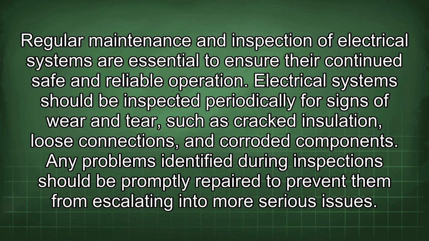Regular maintenance and inspection of electrical systems are essential to ensure their continued safe and reliable operation. Electrical systems should be inspected periodically for signs of wear and tear, such as cracked insulation, loose connections, and corroded components. Any problems identified during inspection should be promptly repaired to prevent them from escalating into more serious issues.